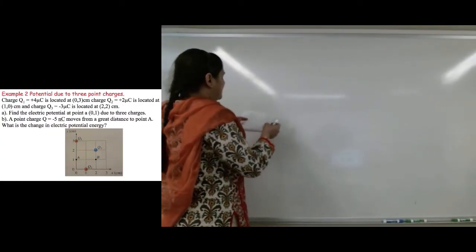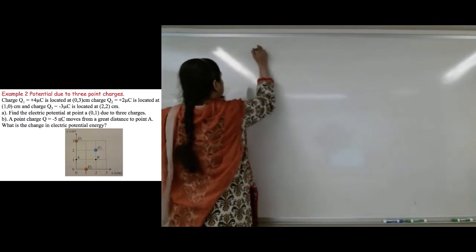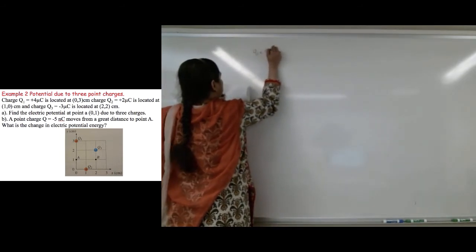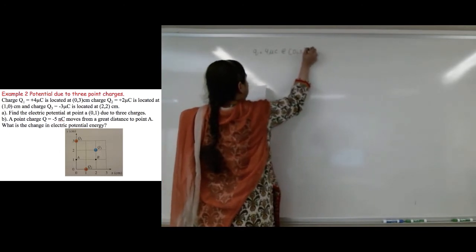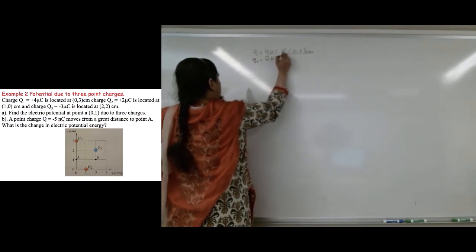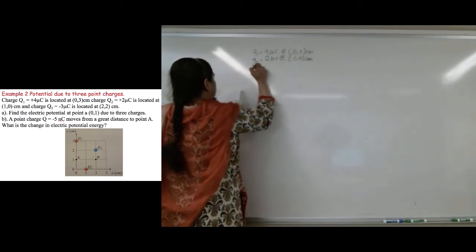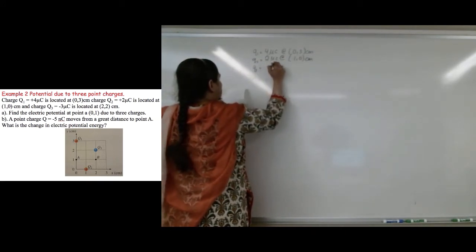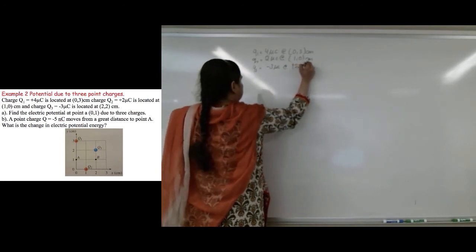It's asking what the potential is due to these three point charges: Q1, which is 4 microcoulombs located at (0, 3) centimeters; Q2, which is 2 microcoulombs located at (1, 0) centimeters; and Q3, which is minus 3 microcoulombs located at (2, 2) centimeters.